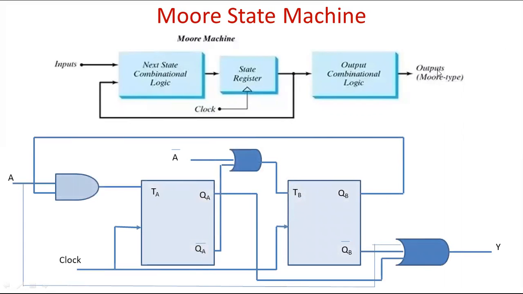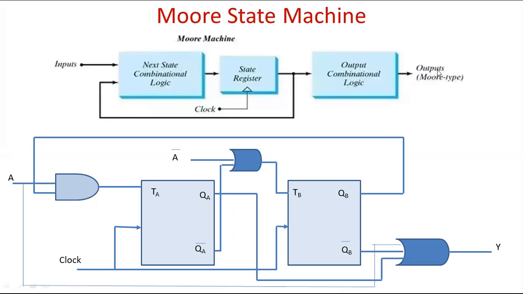Now let us discuss the Moore machine with T flip-flop with some gates. Let us see what the next state combinational logic is, and let us also see the output combinational logic.